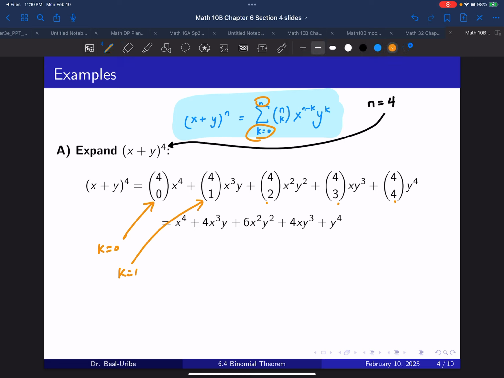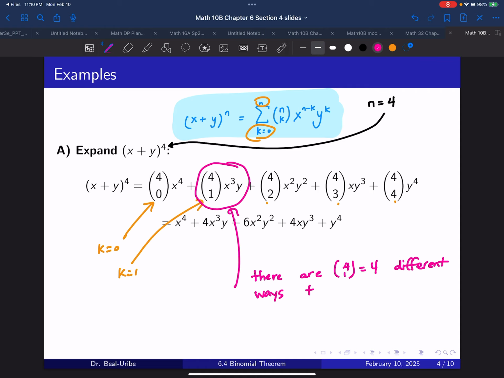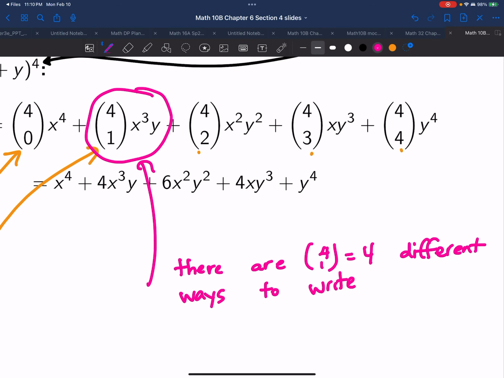And again, just to reiterate the connection we're making between the coefficients and the monomial, look here, what this means is that there are 4 choose 1, which is 4 different ways to write a string of length 4 with 3 x's and 1 y.